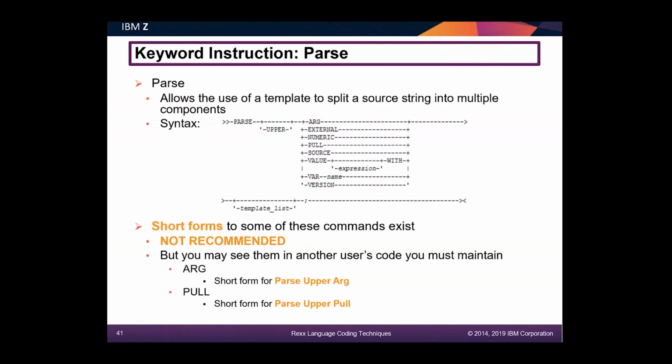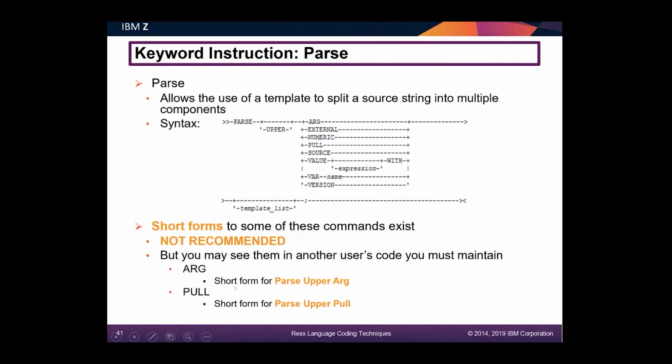And so the first thing it does is it takes all your data, uppercases it before it starts taking it apart. And so there's a short form of that: you can just use the statement arg, instead of parse upper arg. So what this means is parse upper arg is going to take parameters that you've passed into the program or into the subroutine, and it's going to uppercase them before it breaks them apart into the parameters.